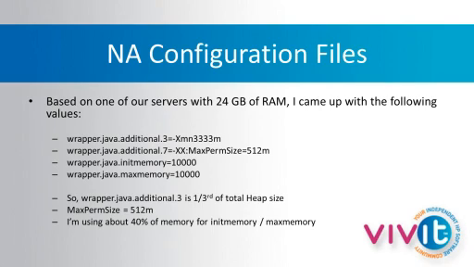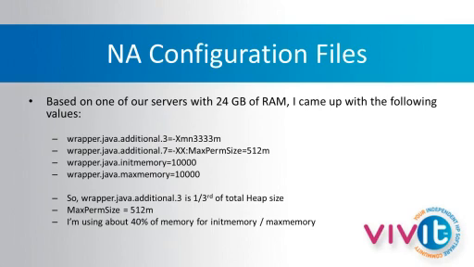Also, down here you may notice the init memory or initial memory and max memory are set to the same value. If some of you have worked with other JBoss environments, you may have seen where these values are different. But with network automation, it's strongly recommended that you keep these two values the same.